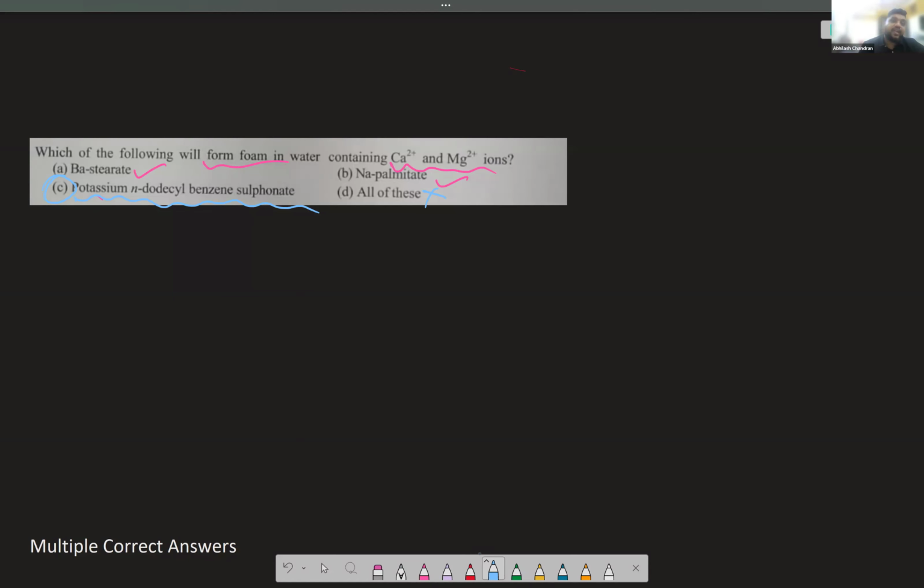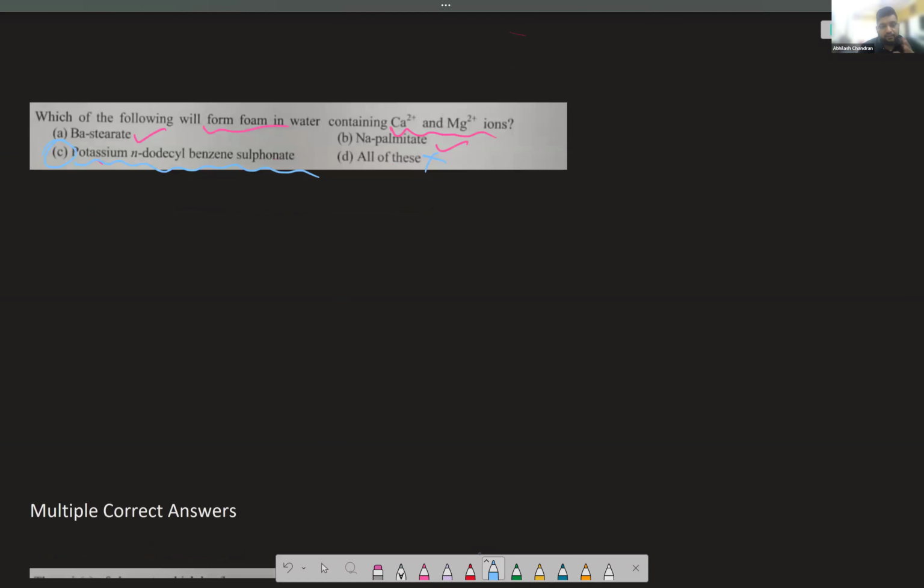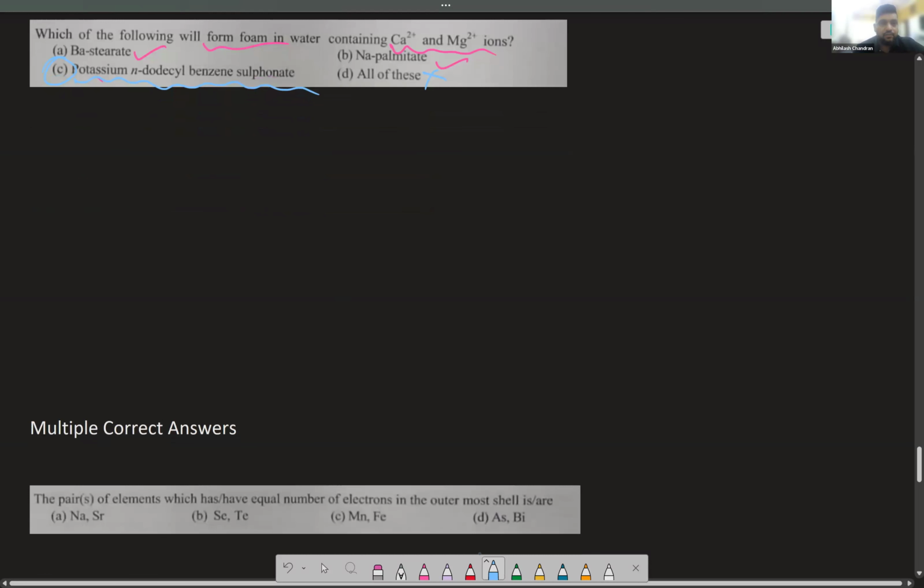If you're using excess of all of these, eventually foam will be there, right? But initially a little bit of scum will be produced. So immediately forming will not happen in A and B, but C will definitely give you foam irrespective of whether we have just added a little bit or not. So the correct answer here is of course C option, right?